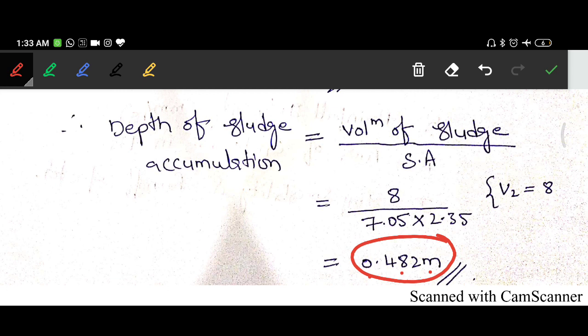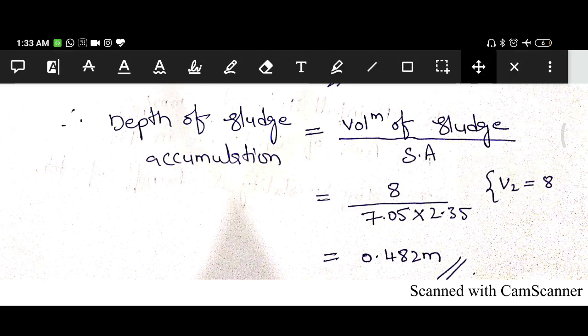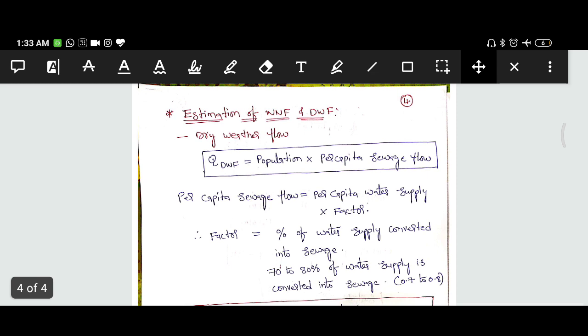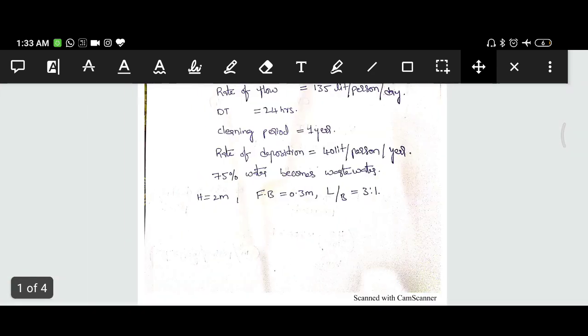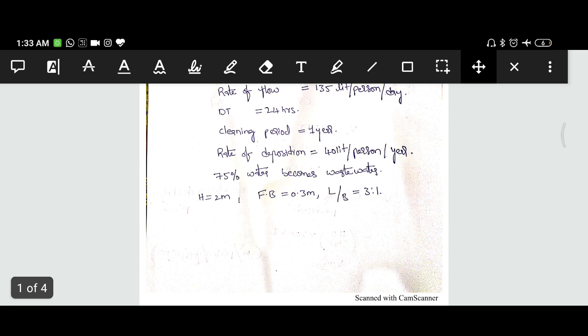So we get 0.482 meters. That is the depth of sludge accumulation. Hope you understand the problem. Thank you.